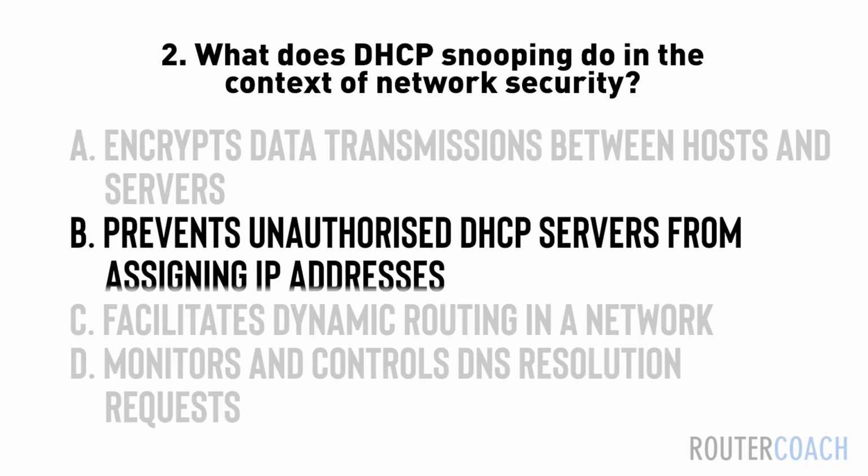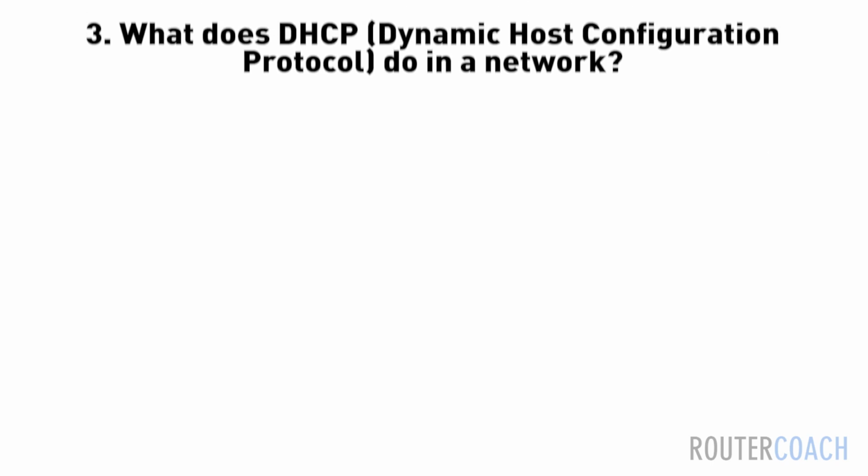The answer is B. DHCP snooping, in the context of network security, is a feature that helps safeguard against malicious or unauthorized DHCP servers by actively monitoring and filtering DHCP messages, allowing only authorized servers to assign IP addresses to devices on the network.